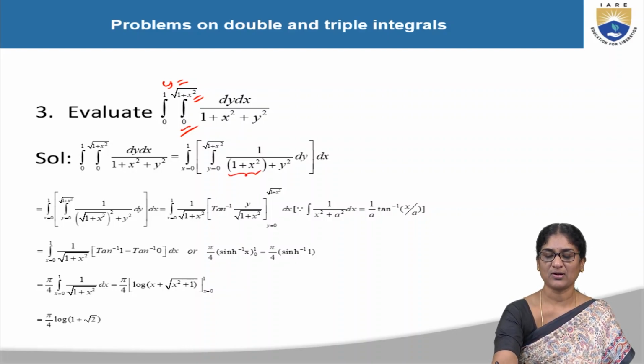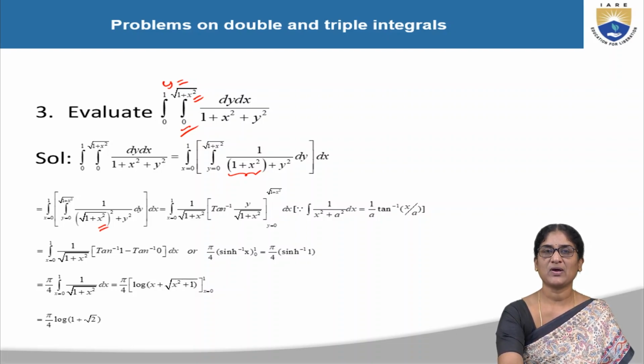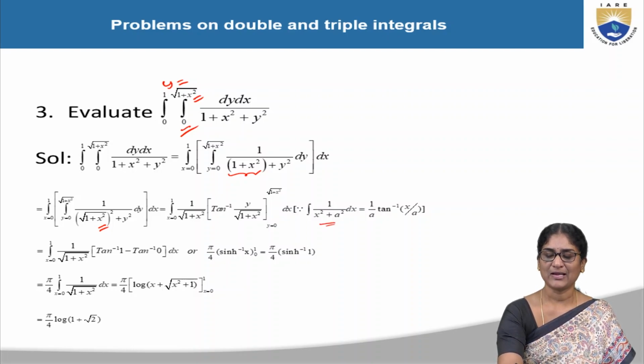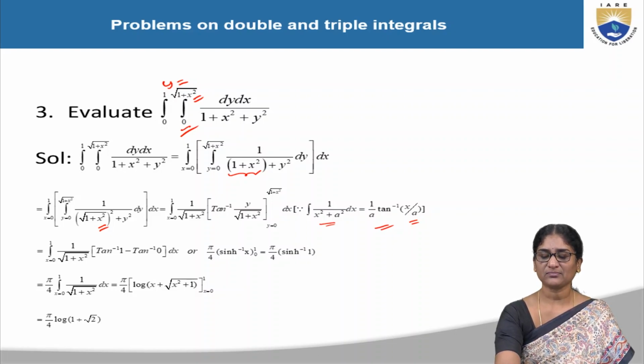You can take it as a constant, that is a, and we will write this 1 plus x square as root over 1 plus x square whole square, so that you can compare this with 1 by x square plus a square dx integral, which is nothing but 1 by a tan inverse x by a.